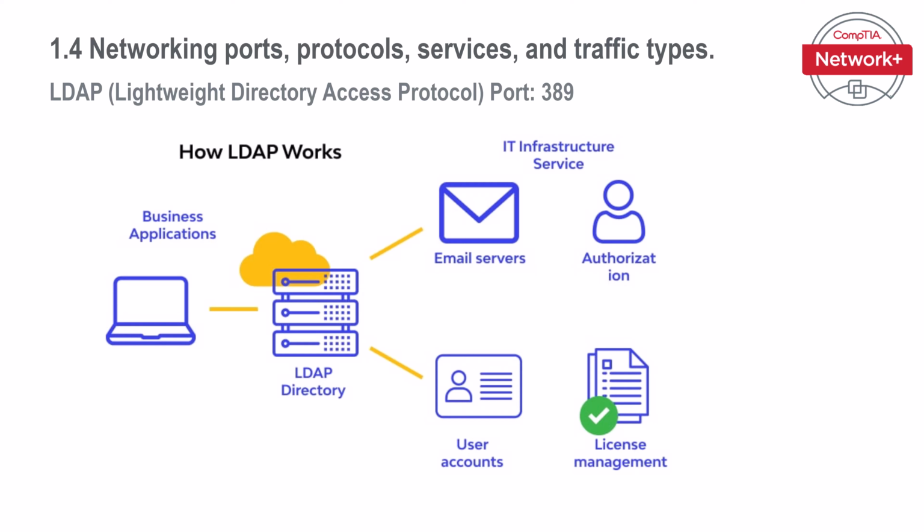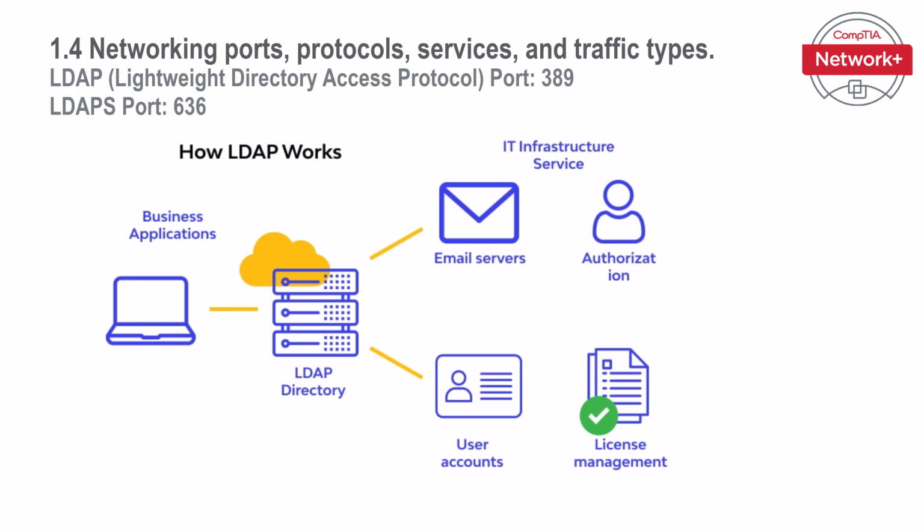Lightweight Directory Access Protocol, or LDAP, is used for accessing and managing directory information services, such as user authentication and organizational directories. LDAP typically operates on port 389, while its encrypted version LDAPS runs on port 636 to provide secure authentication and data access.